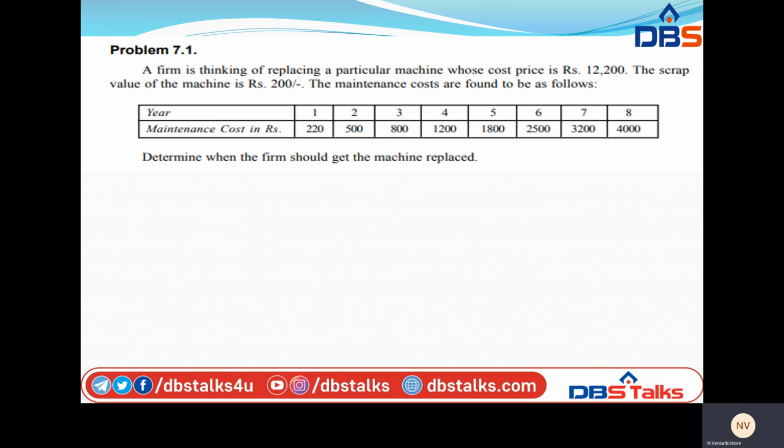Fourth year 1200, like that the details were given, and determine when the firm should replace the machine. So after 8 years it may be replaced, or within the period of 8 years it may be suitable for the best results. That we need to find out.